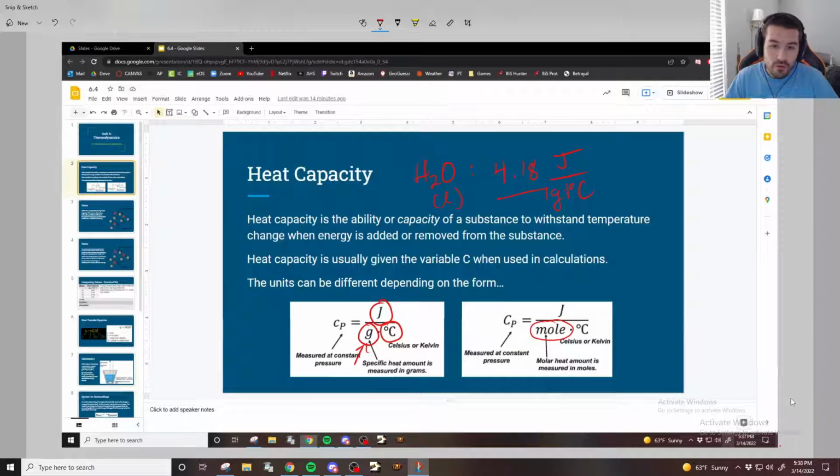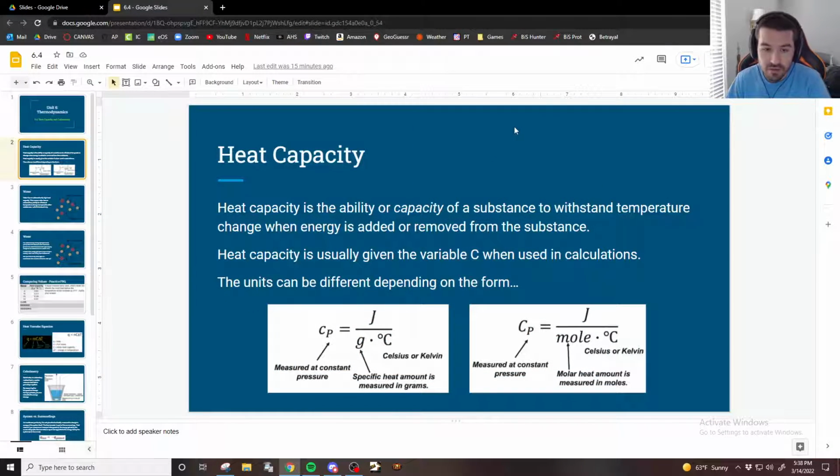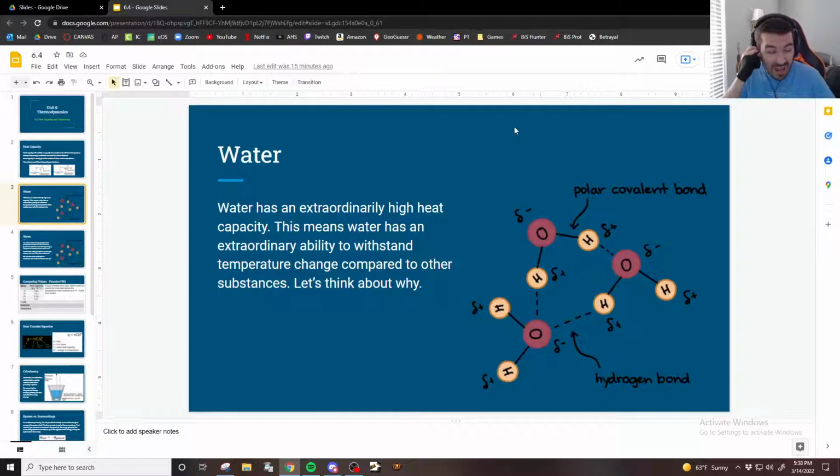Now, water is particularly interesting because it has a very high heat capacity. It's got among, I'm sure it's not the highest of all substances, but it's got a very high heat capacity of common substances. And the reason is water has very, very strong intermolecular forces, hydrogen bonds, right?